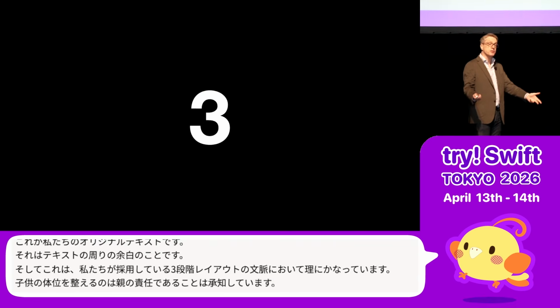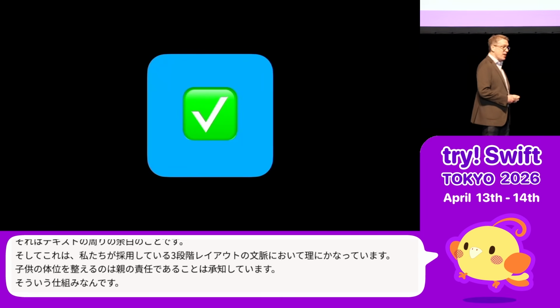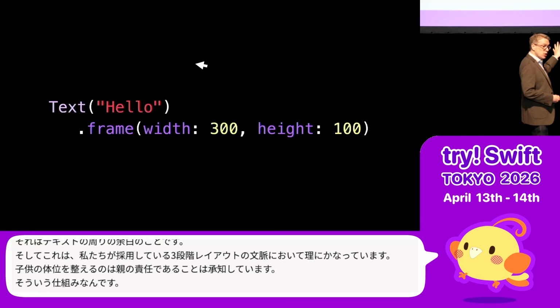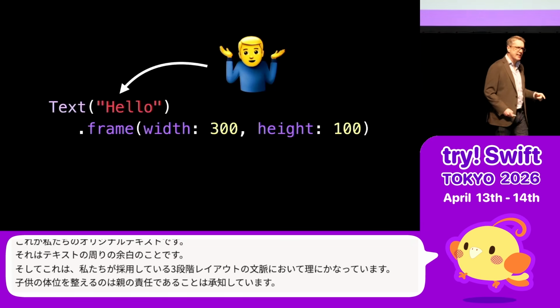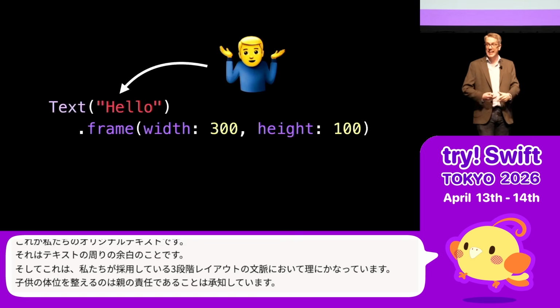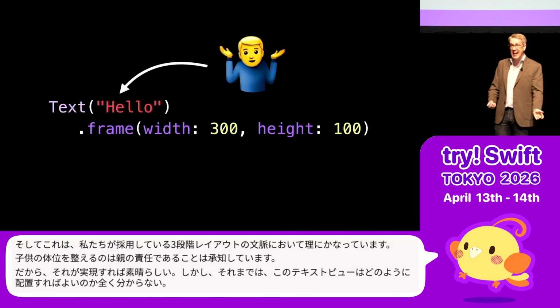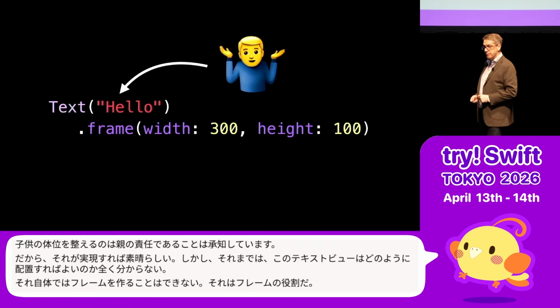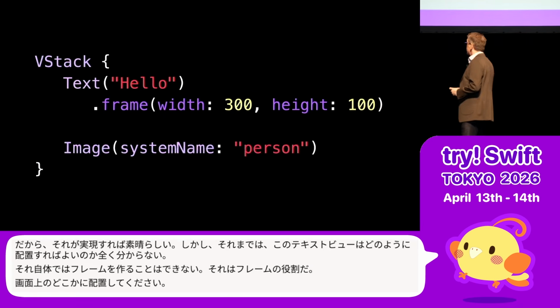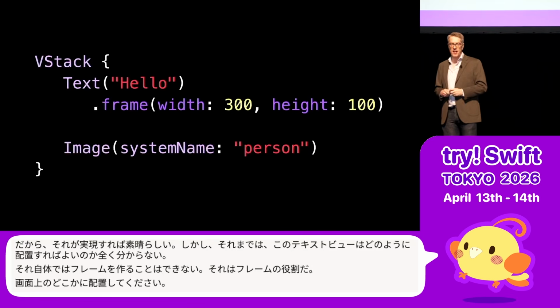But beforehand, this text view has no idea how to position itself. It can't make a frame for itself. That's the frame's job, to place it somewhere on the screen. And so, in this code here, the parent of the text is the frame, not the VStack.